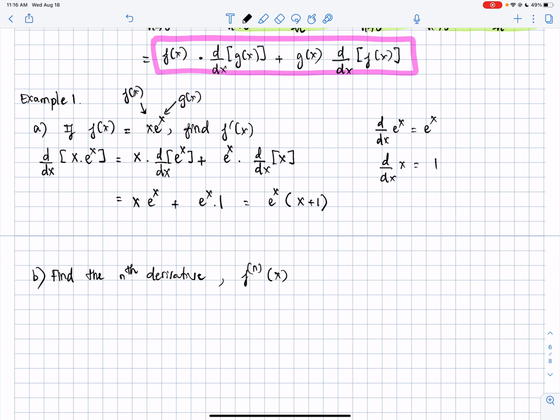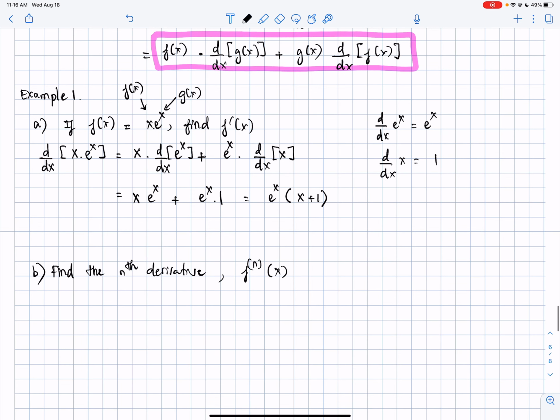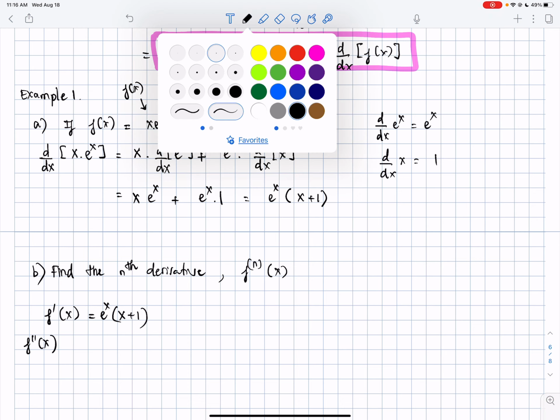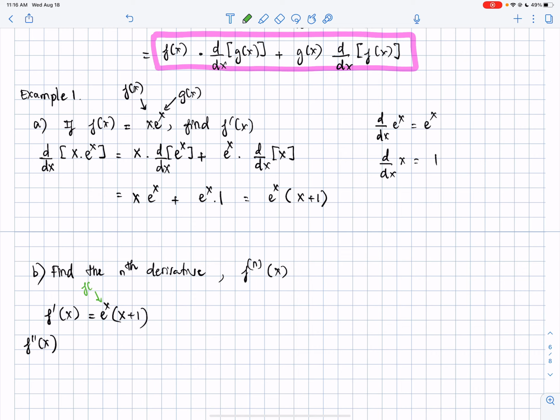Now the problem in part B wants us to find the nth derivative. So we continue to find the second derivative. Let's write it down. F prime of x is x plus 1 times e to the x. Then for the second derivative, x plus 1 becomes f of x, and e to the x becomes g of x. We take the first derivative of g of x and keep the f of x.